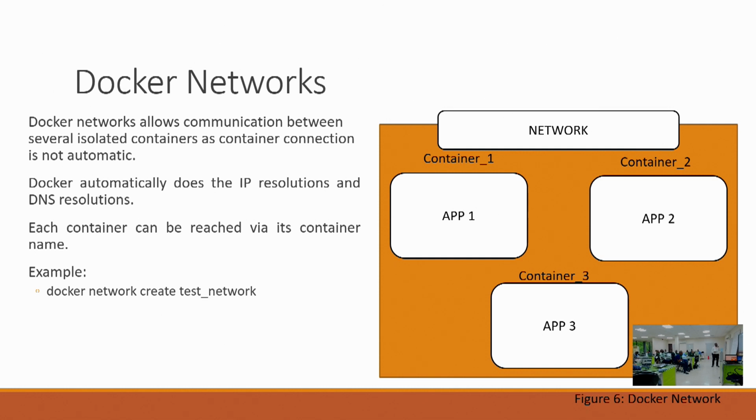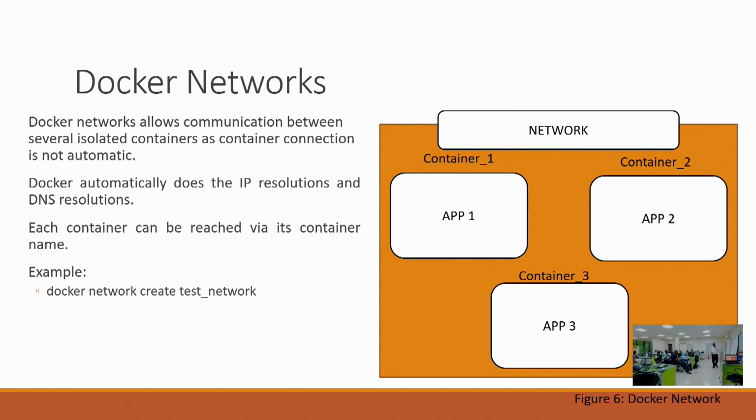A Docker network allows communication between several isolated containers, as container connection is not automatic. Because you created containers on your system, that doesn't mean I can reach container A from container B. I have to create a network to allow them to communicate. For each container, Docker automatically does IP resolution and DNS resolution.